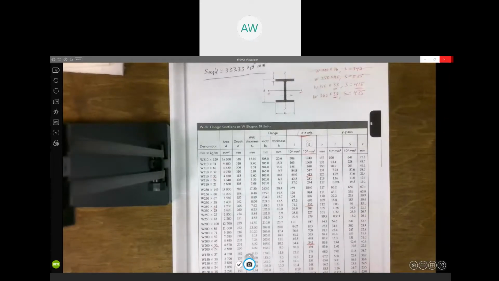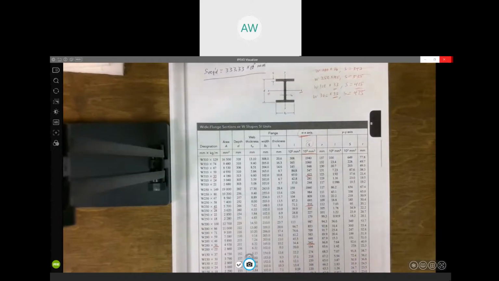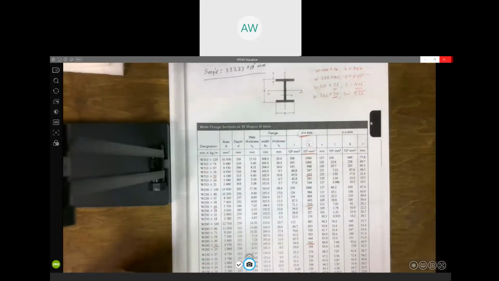So they're going to cost us the same amount of money. So which one do we choose? If they both weigh the same, anybody want to offer a choice?